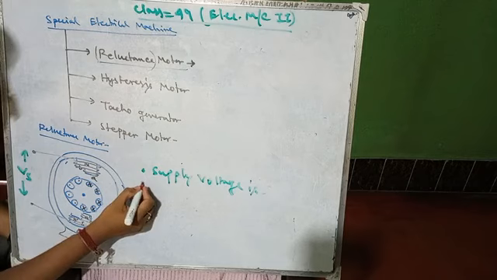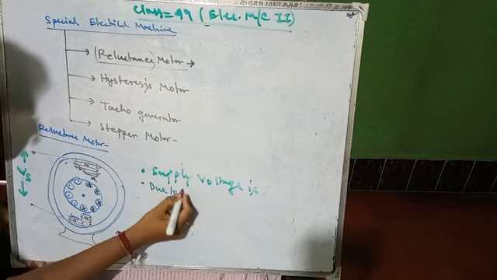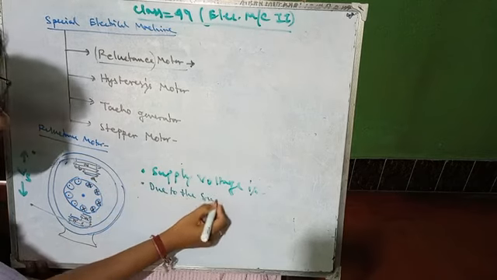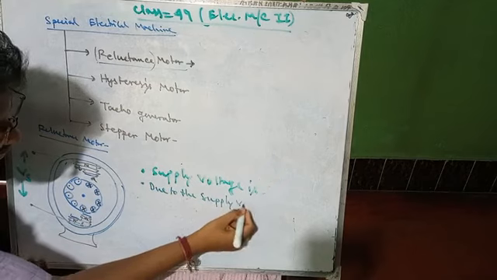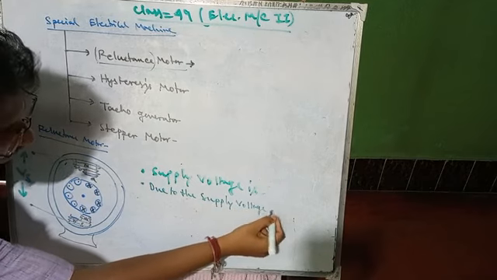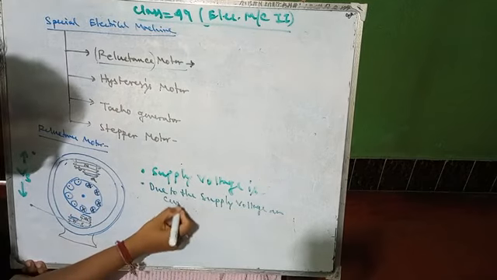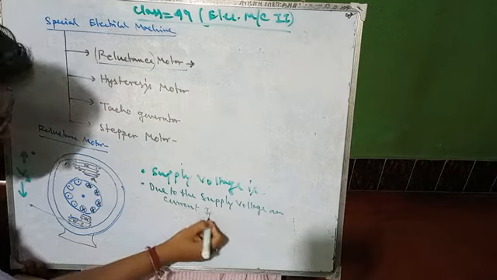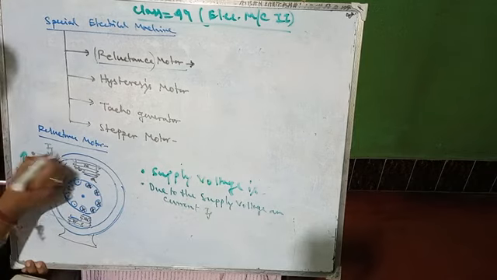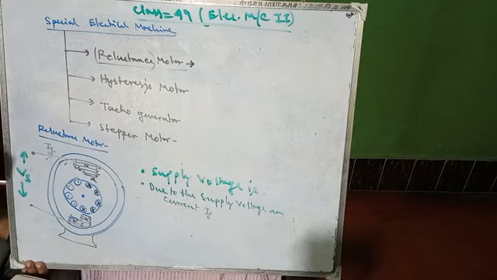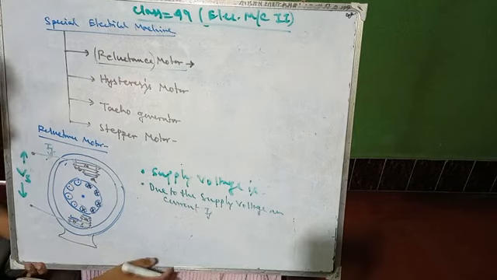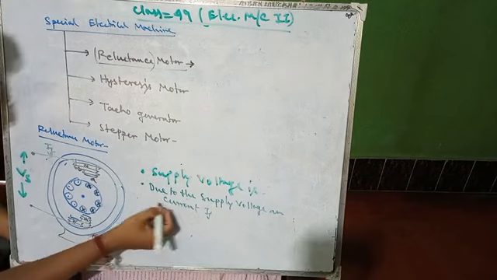Due to the supply voltage, the current IF is flowing through these conductors.